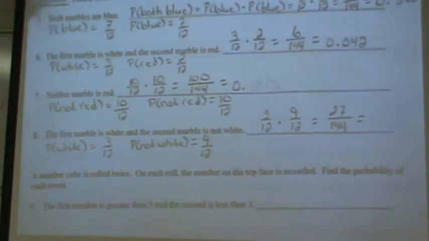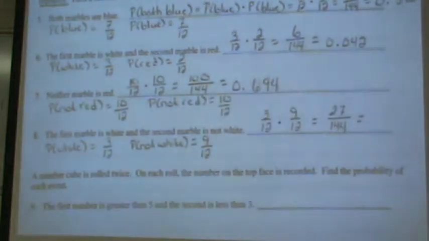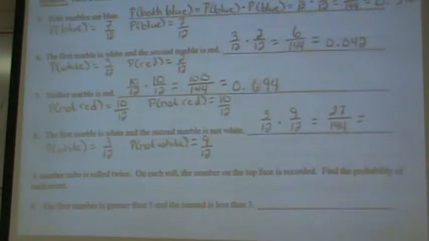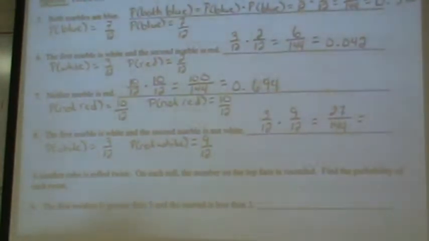Number 7. The decimal should be 0.694. I gave you the wrong decimal, so number 7 should be 0.694.